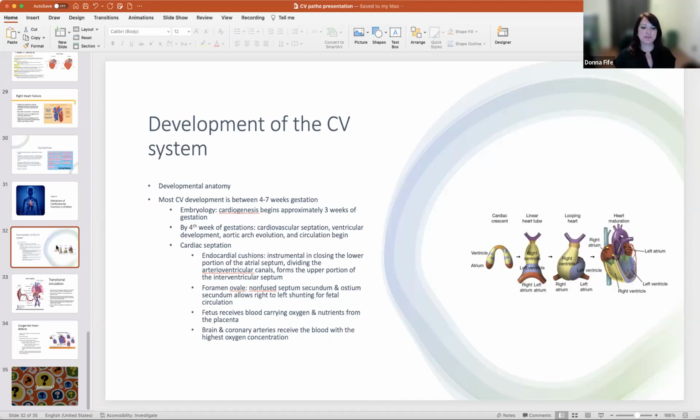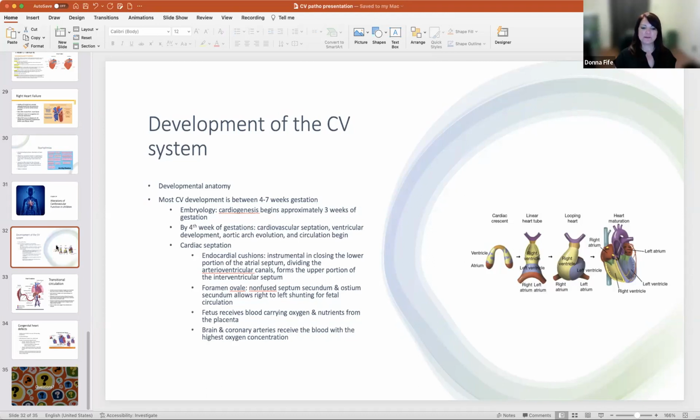By the 4th week of gestation, there's cardiovascular septation, ventricular development, aortic arch evolution, and circulation begins. Cardiac septation: there are endocardial cushions, which are instrumental in closing the lower portion of the atrial septum, dividing the atrioventricular canals, and forming the upper portion of the interventricular septum.